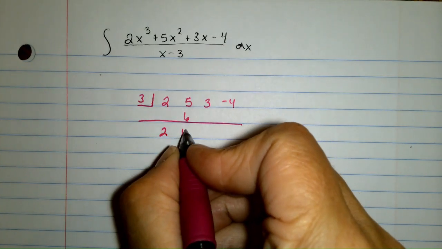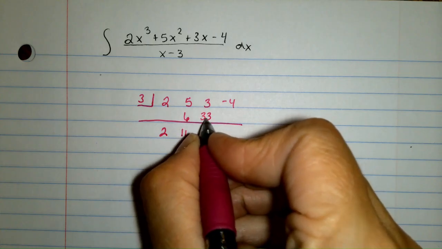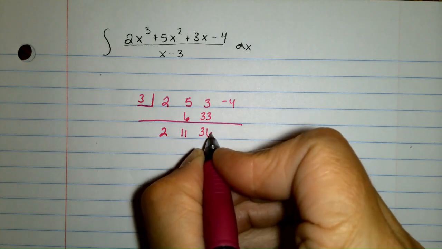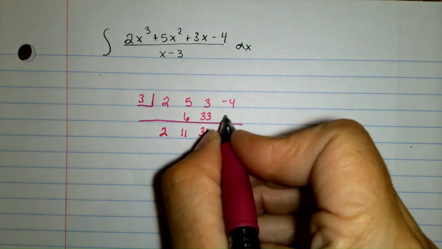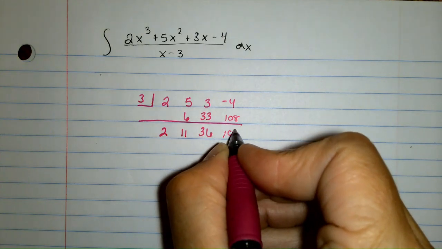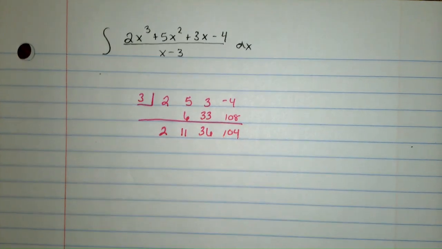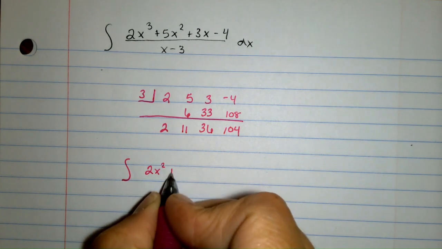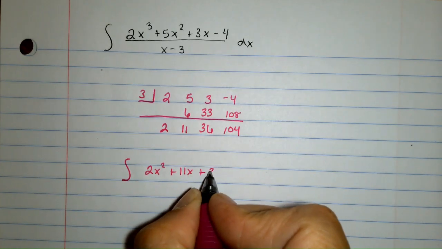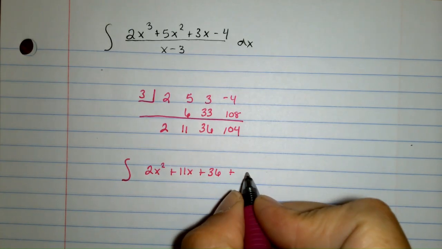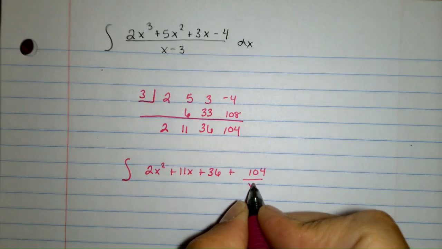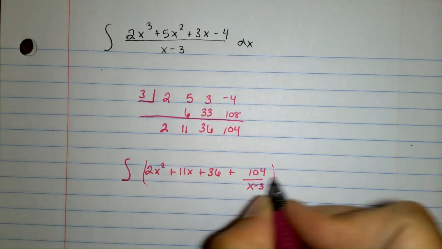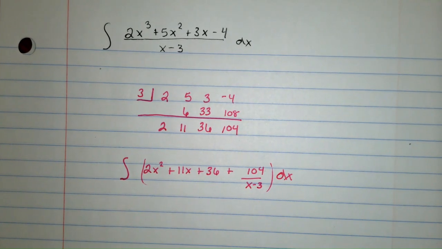Times, add, times, add, and we get 104. Okay, so we really have the integral of 2x squared plus 11x plus 36 plus 104 over x minus 3 dx.